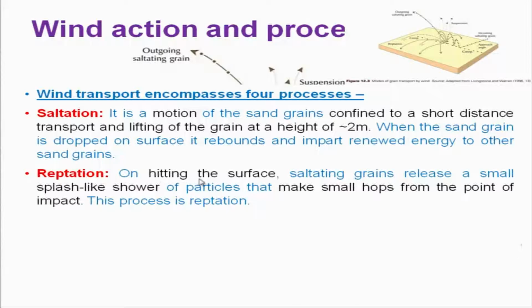Now, on hitting the surface, a saltating grain releases a small splash or shower. That is, when you drop one grain, it will result in other grains moving from that location. The shower of particles makes small hop-like features. This has been shown here.